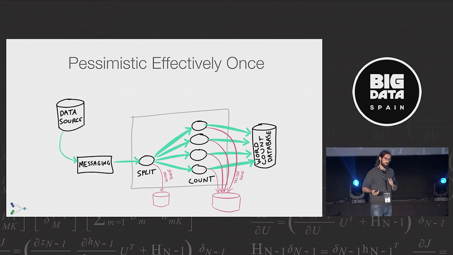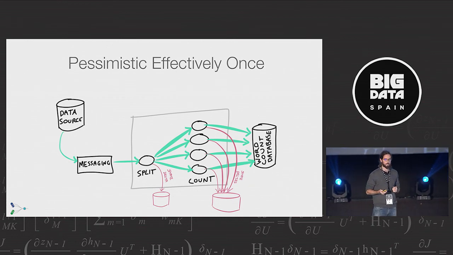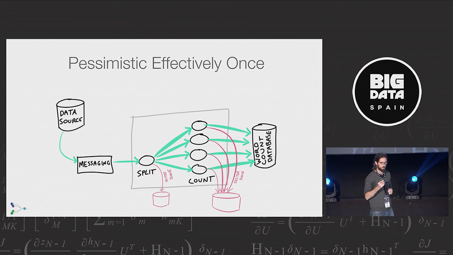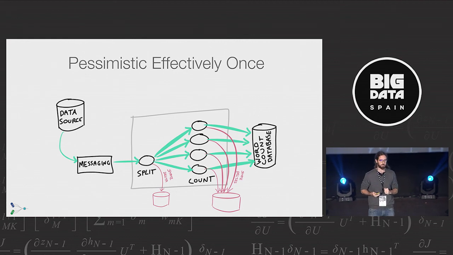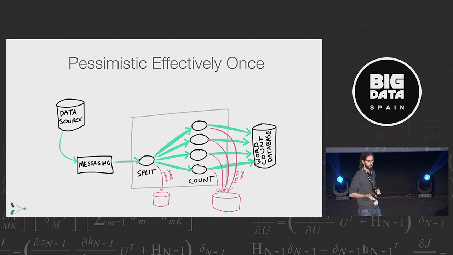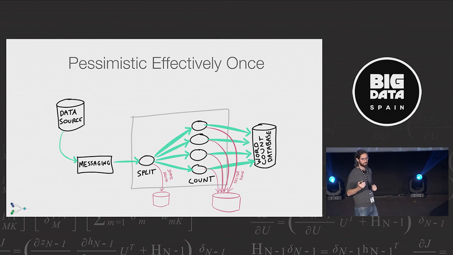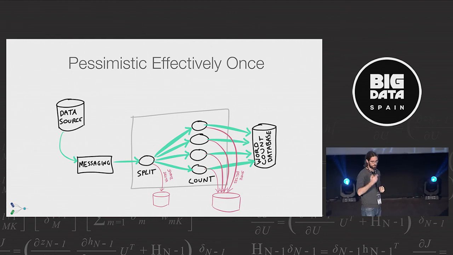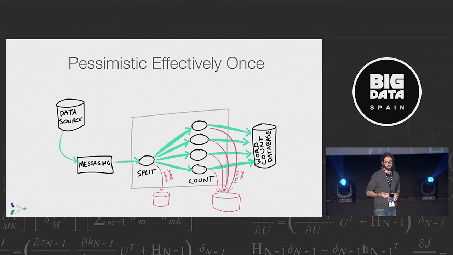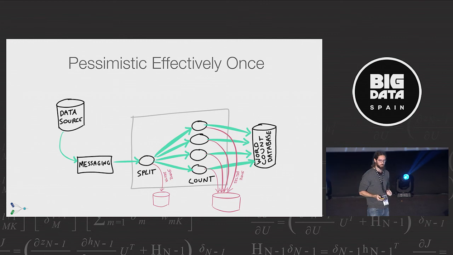However, when you need to recover from this, you will take a latency hit only on the node that crashed, which is better than optimistic effectively once. Another thing to note, though, is that since you are persisting state for each message going through the system, you are taking a latency hit also on each message in the stable state, and this may or may not be what your application wants.